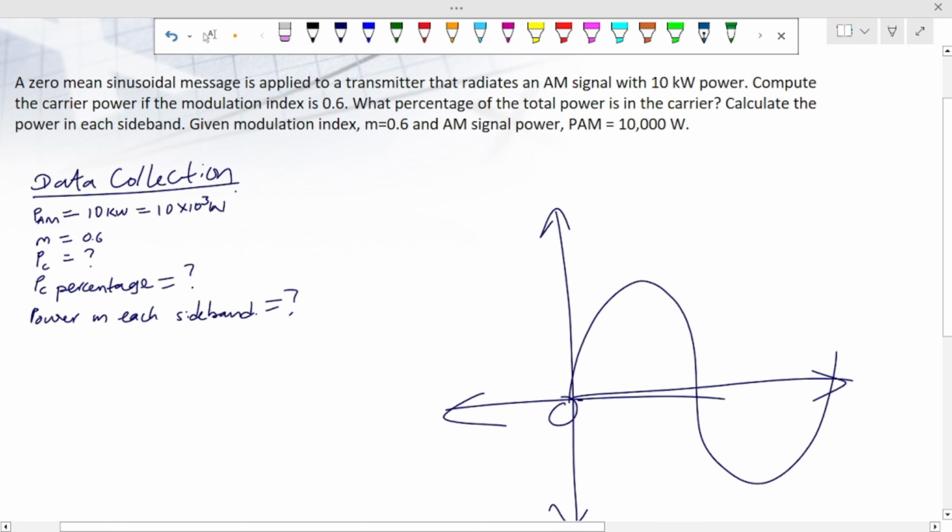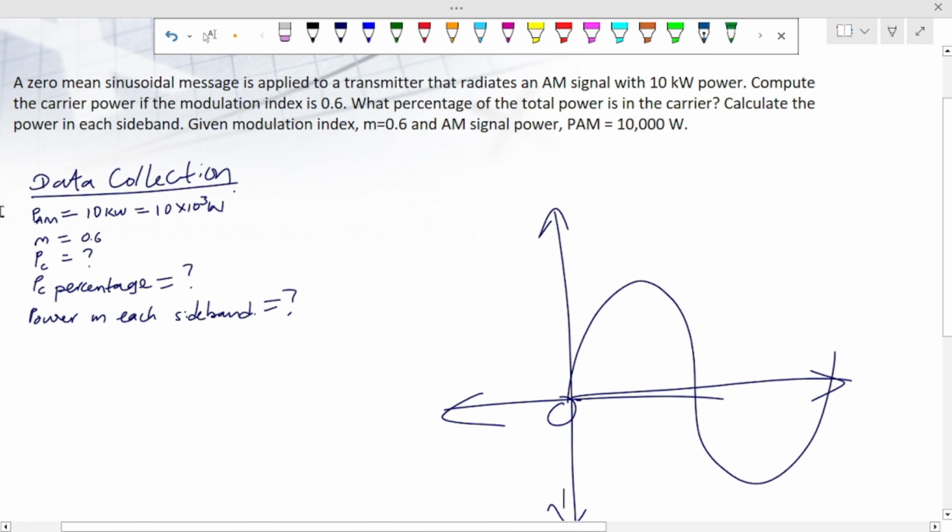So now for our data collection, the power. Look at this carefully: a transmitter that radiates an AM, amplitude modulation, signal with 10 kilowatts.